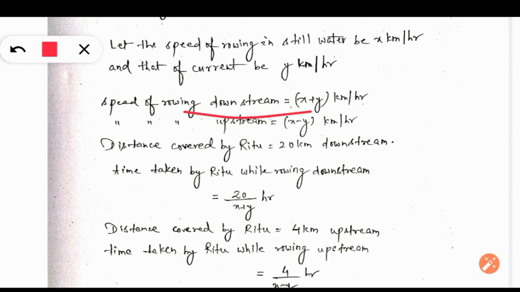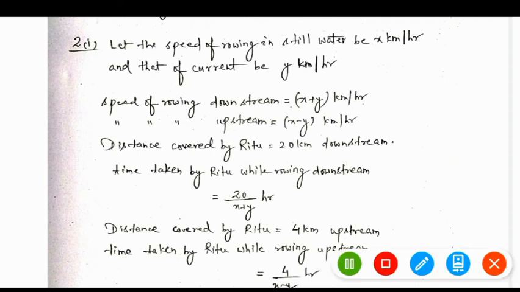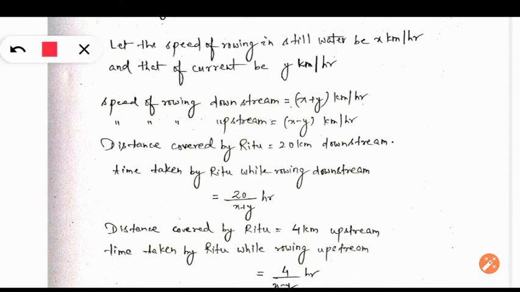Suppose I am rowing with the speed of 3 km per hour and the speed of current is 2 km per hour and I am rowing in the same direction, so I will get help of the current as well. So with my speed 3 km per hour, 2 km per hour, the speed of the current, will be added because I am going in the same direction where the current is flowing. That is why speed of my rowing and speed of the current will be added.